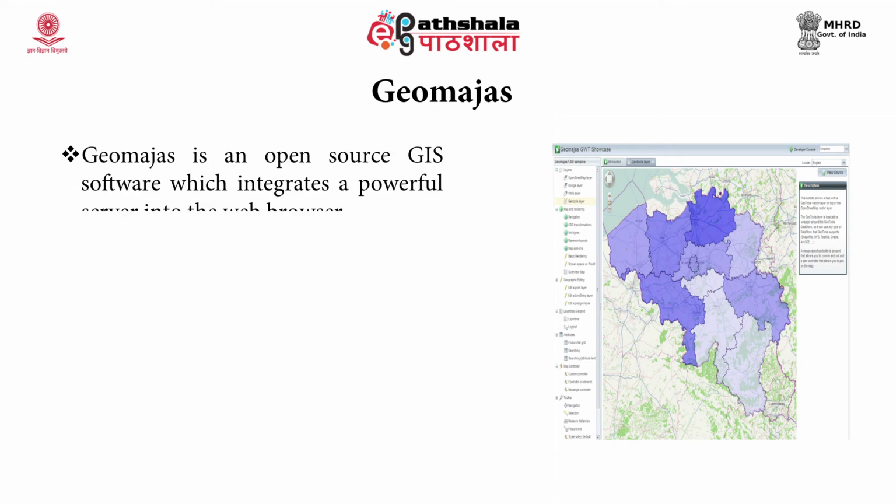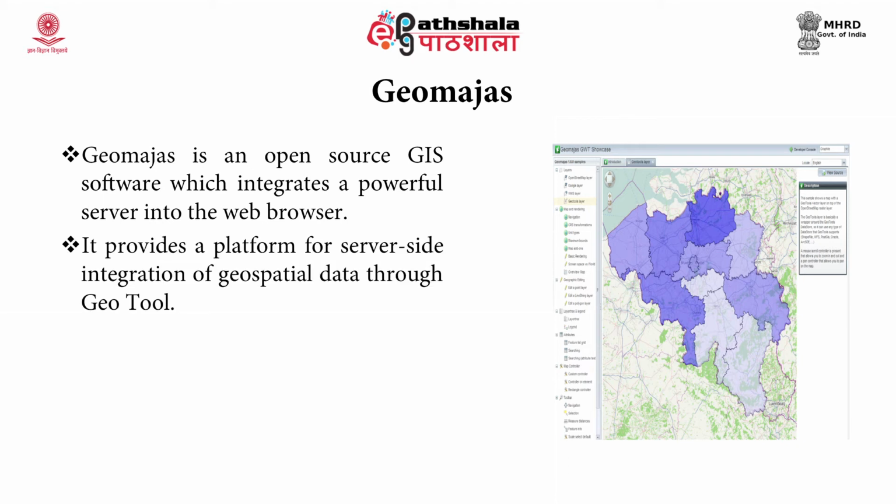Geomajas is another open source GIS software which integrates a powerful server into the web browser. It provides a platform for server-side integration of geospatial data through GeoTools. Geomajas 1.14 is the latest version of this software.